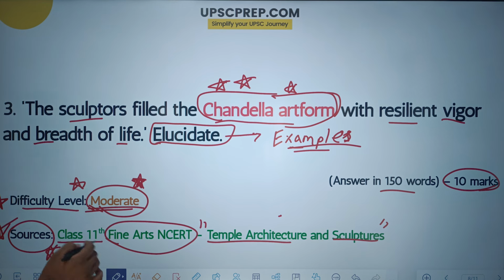Anyone who would have read the NCERT chapters should at least know what things and examples are associated with the Chandela, right?